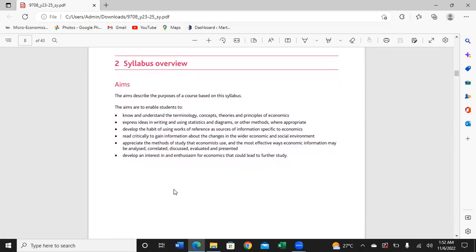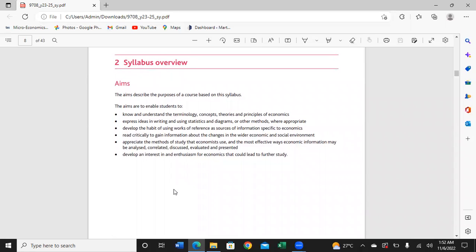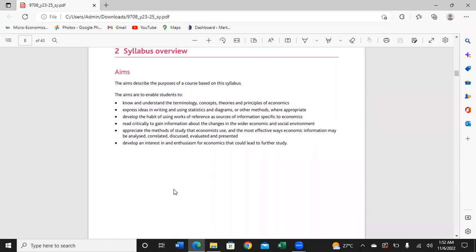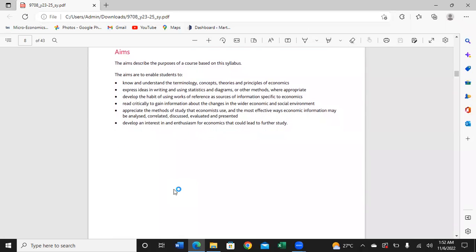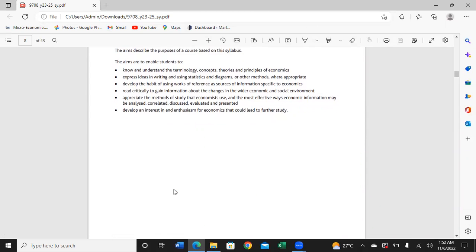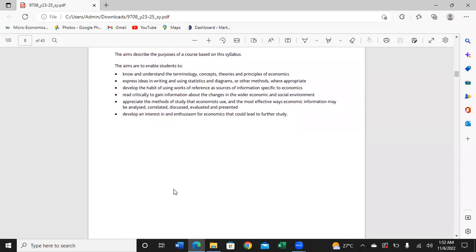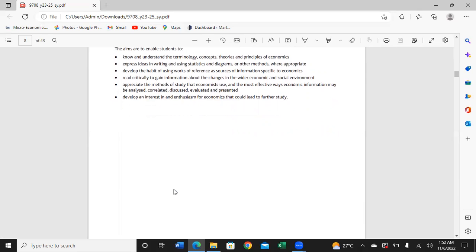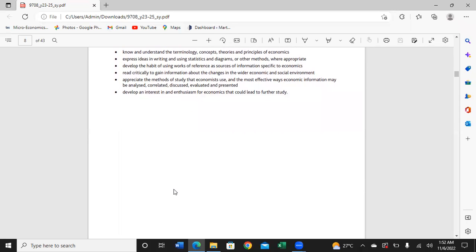The aims are to enable students to know and understand the terminology, concepts, and theories and principles of economics, express ideas in writing and using statistics and diagrams or other methods where appropriate, develop the habit of using works of reference as sources of information specific to economics, read critically to gain information about the changes in the wider economic and social environment, appreciate the methods of study that economists use, and the most effective ways economic information may be analyzed, correlated, discussed, evaluated, and presented.